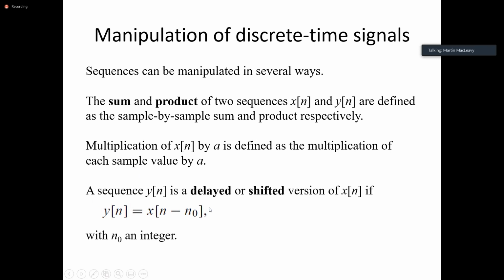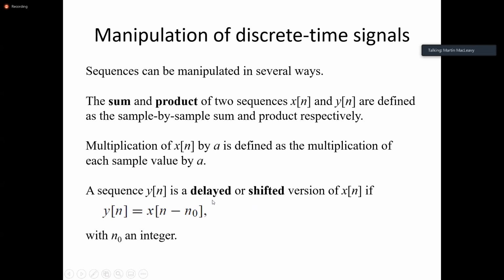We can also shift them. Theoretically, we can shift right or left. One is going to delay the signal, the other one is going to advance the signal. We can always delay a signal, but we can't advance it, not in real time.